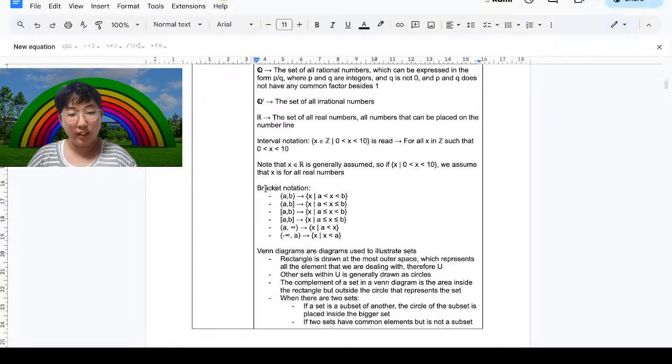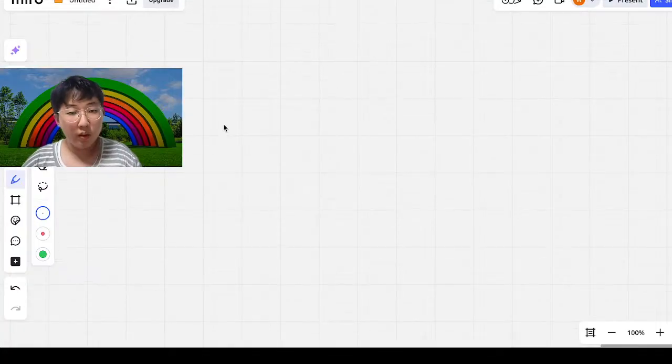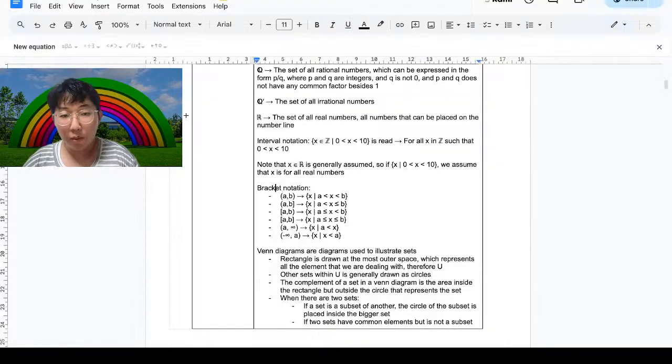And then now we have this bracket notation, which is kind of annoying, but it's kind of fun to look at. Looking at intervals, we generally use closed brackets or open brackets.